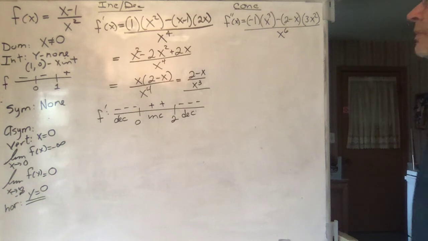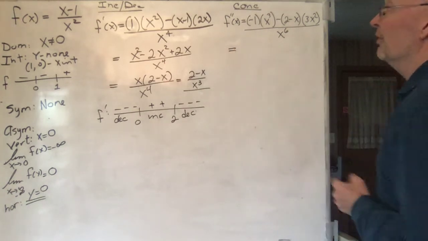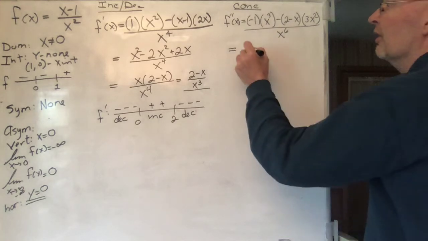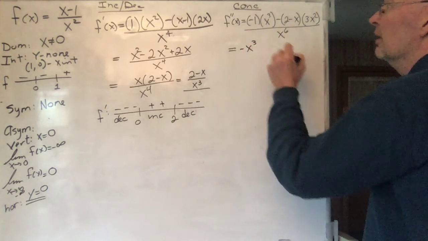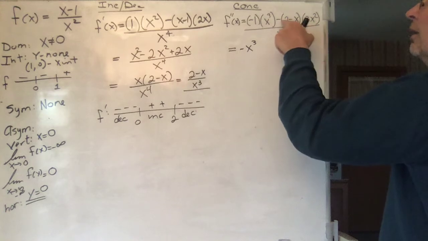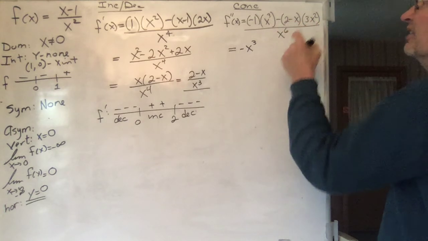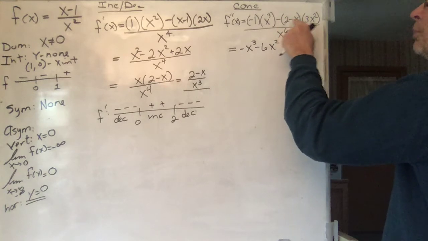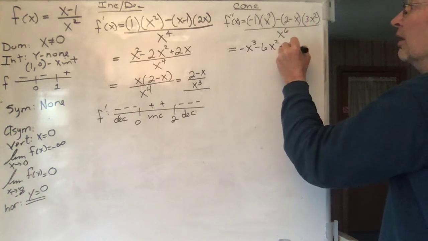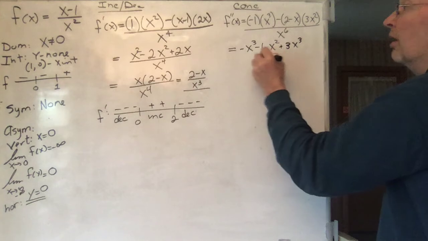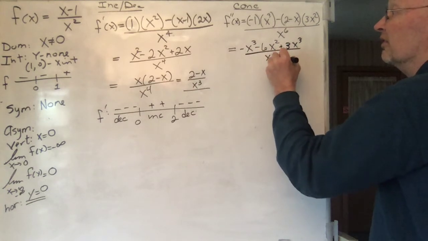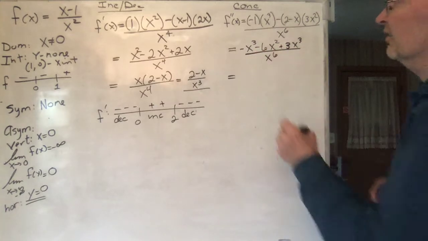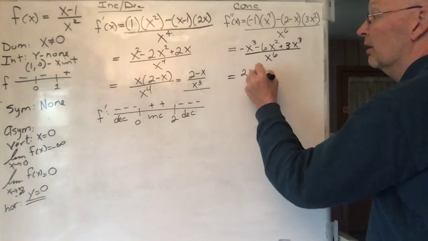So you get that. Again, go through the same simplification, just the right amount of algebra in this problem. That's why I like it. And so here you're going to get minus x cubed. Here you're going to get minus 6x squared. And then here you're going to get plus 3x cubed all over x to the 6th. Now what? 3x cubed minus x cubed is going to be 2x cubed.